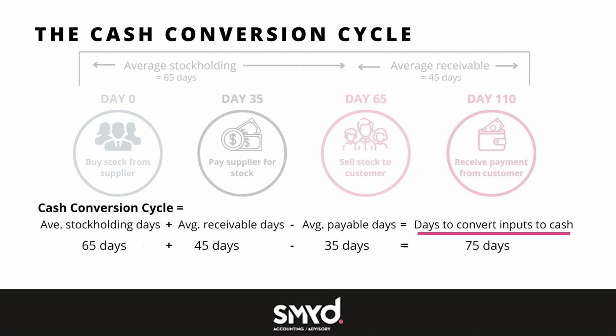Now we better hope that we're selling enough of those products, or selling them at a high enough margin, that when that cash comes in, it can sustain another 75 days of cash lockup, pay for our overheads, and also provide enough for our business to take out a salary. Because if that cash conversion cycle is too high, then that is going to be a key cause of cash stress within our business.